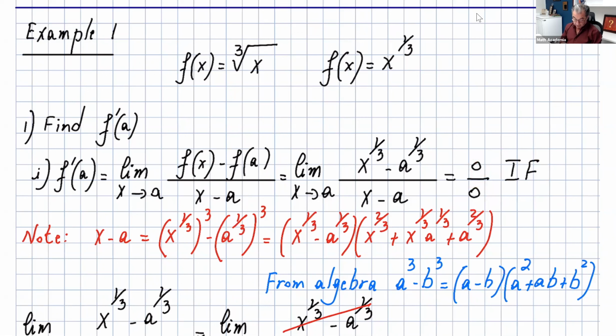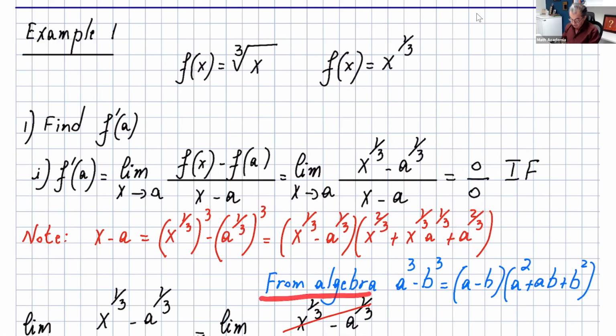Now, to find the limit, we know that x minus a can be written as x to the power of 1/3 cubed minus a to the power of 1/3 cubed. This is the difference of two cubes, and we can factor that by writing x to the power of 1/3 minus a to the power of 1/3 times x to the power of 2/3 plus x to the power of 1/3 times a to the power of 1/3 plus a to the power of 2/3.